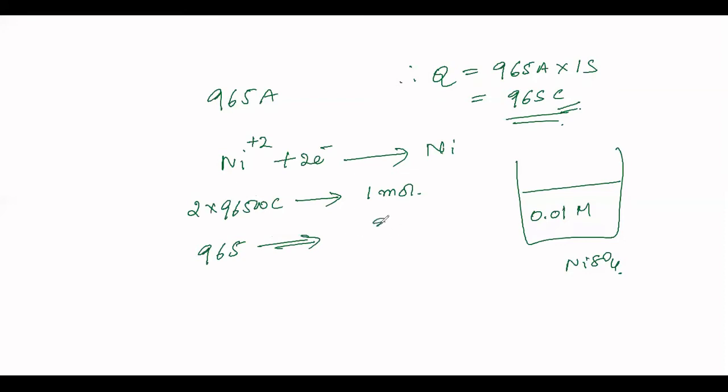Here 965 divided by 2 into 96500. This will be 1 upon 200. Am I right?